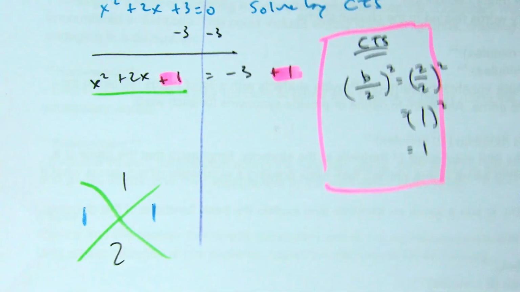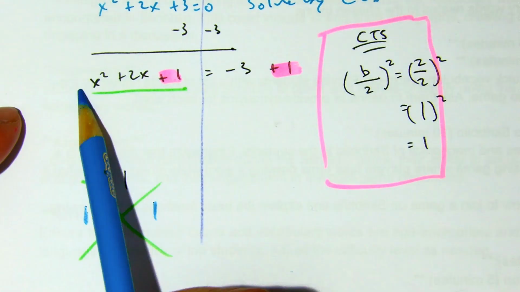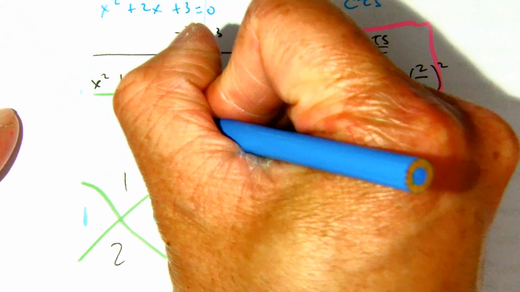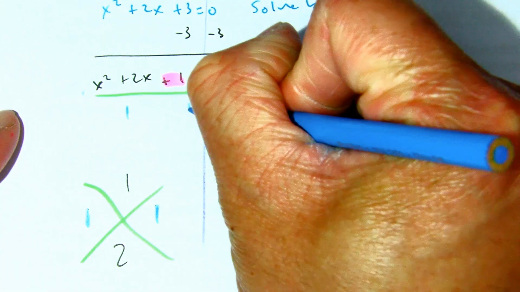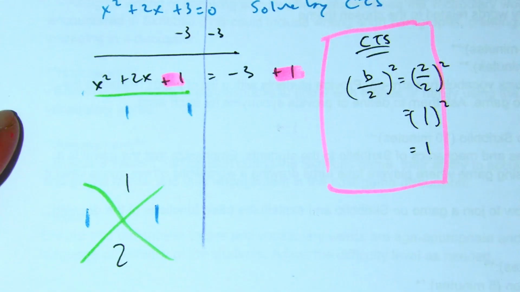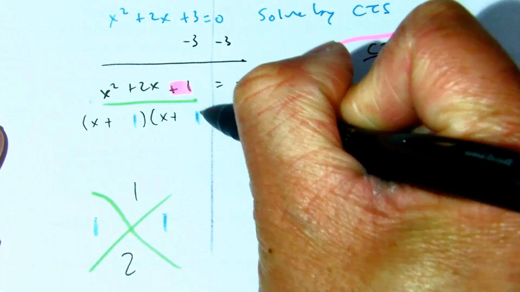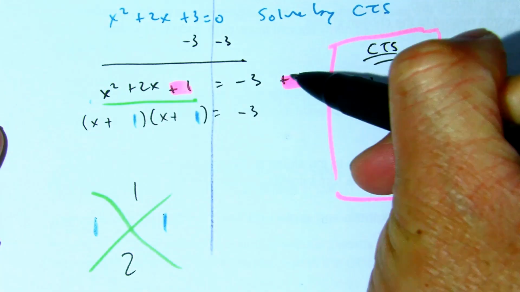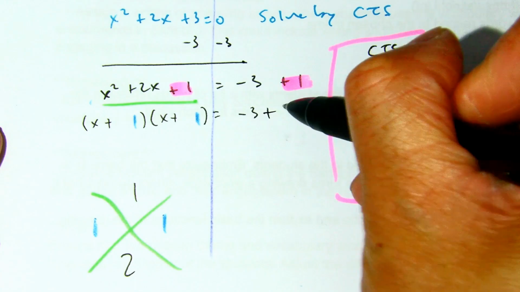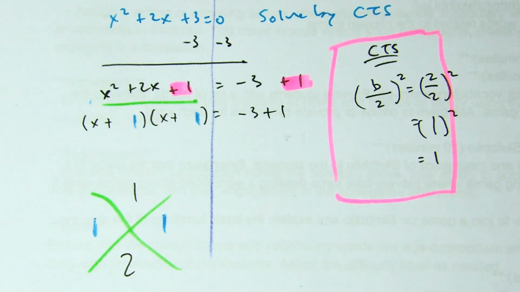If you need to, you can use the box, but the shortcut is when A is equal to 1, you don't need it. So x plus 1, x plus 1. That's okay. I forgot to add those.